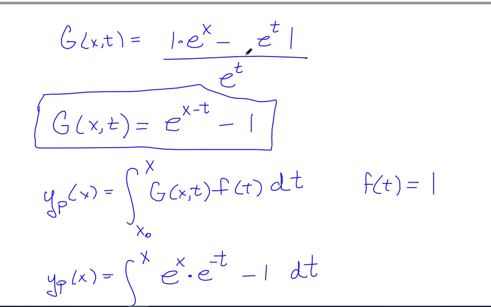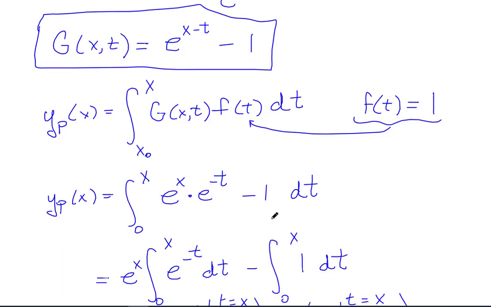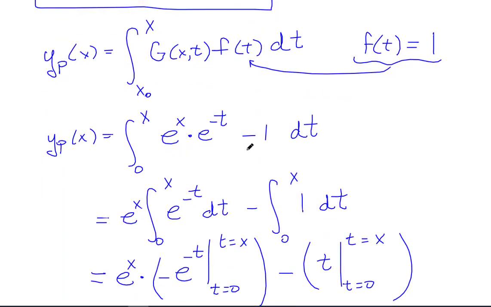All right, so if I split this up and cancel, here is my Green's function. So my particular solution is the integral from x0 to x, my Green's function times my driving function. Well, in this case, our driving function on the right-hand side is just a 1. So essentially, I'm just integrating my Green's function.